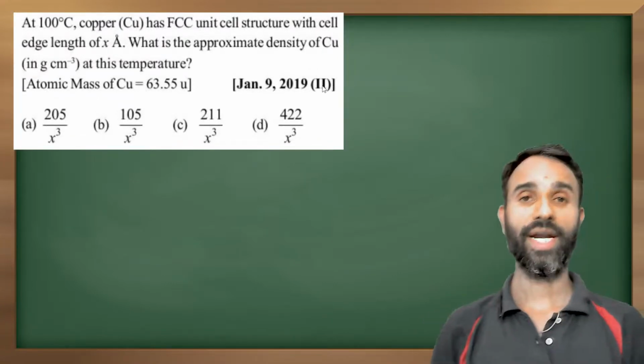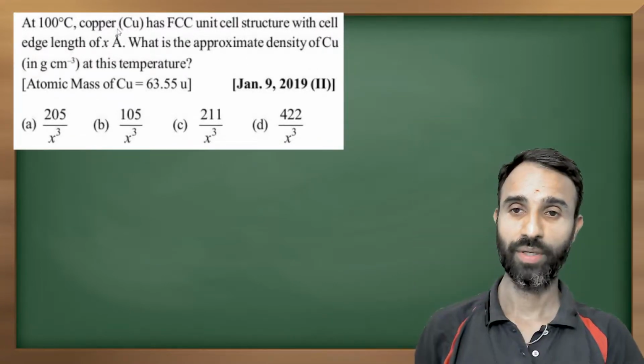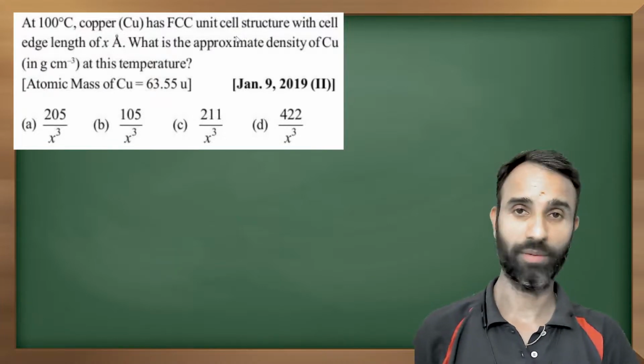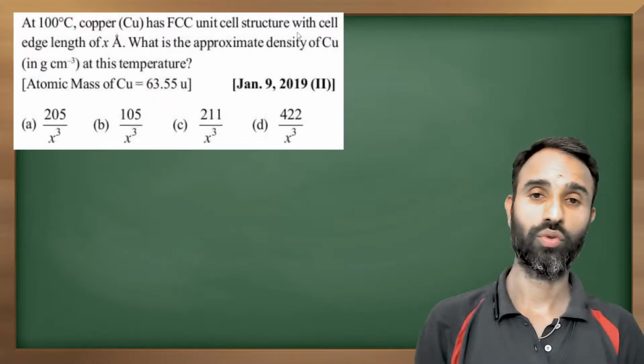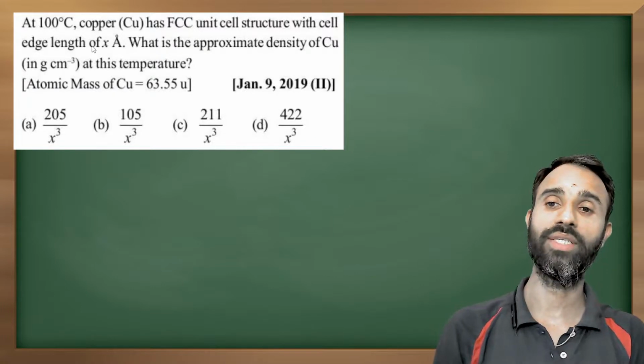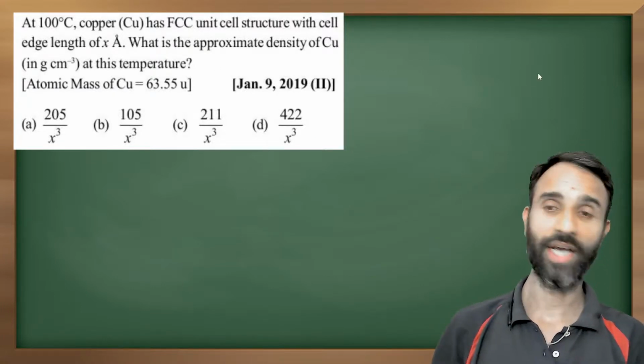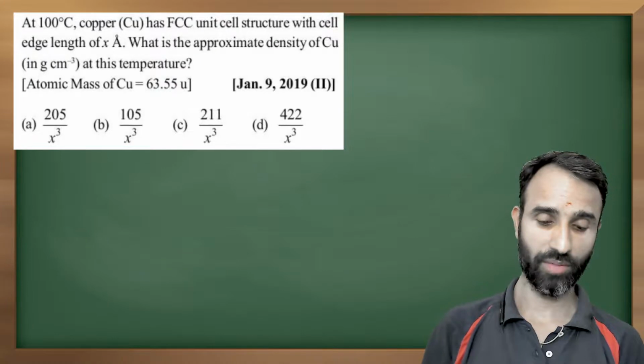The question is, at 100 degrees Celsius, copper has FCC unit cell structure with cell edge length x angstrom. Means A is given.